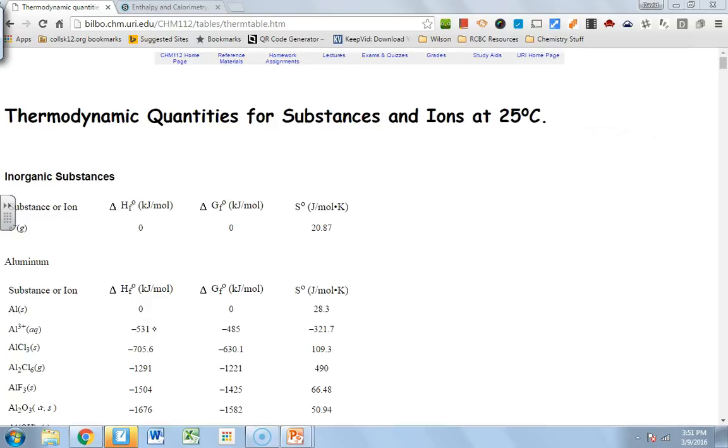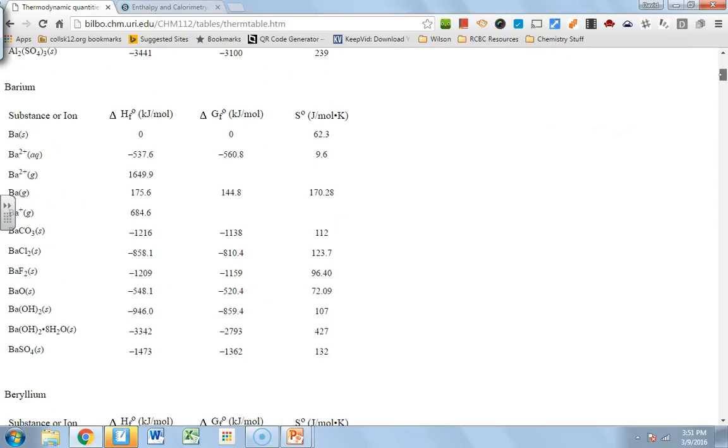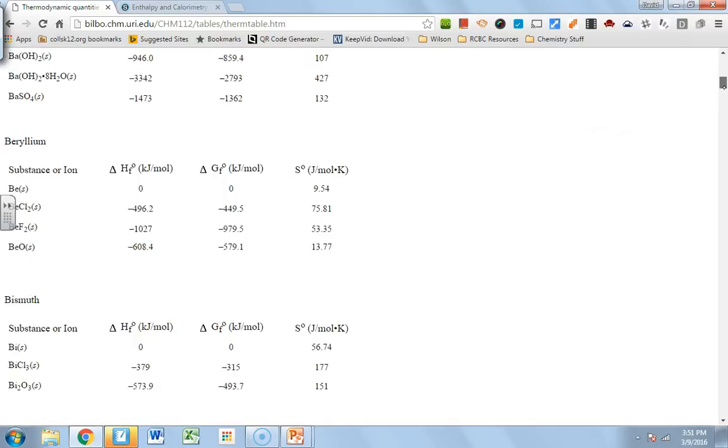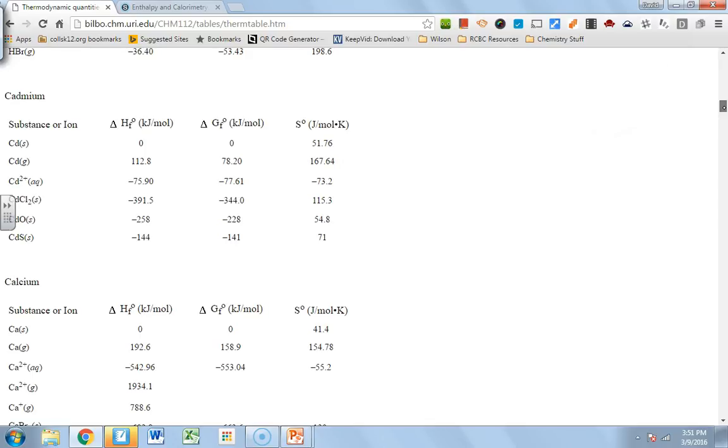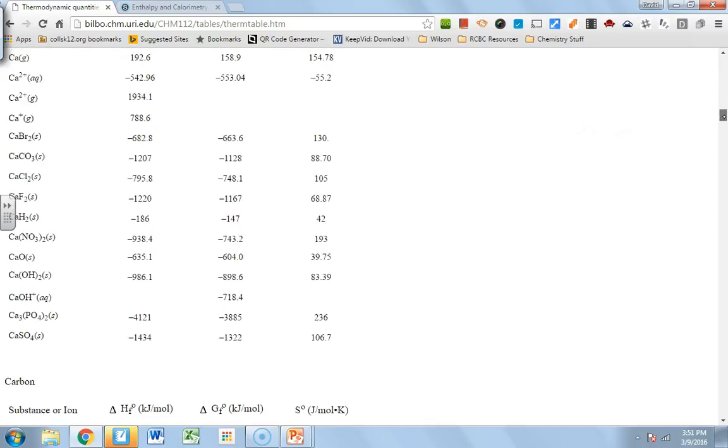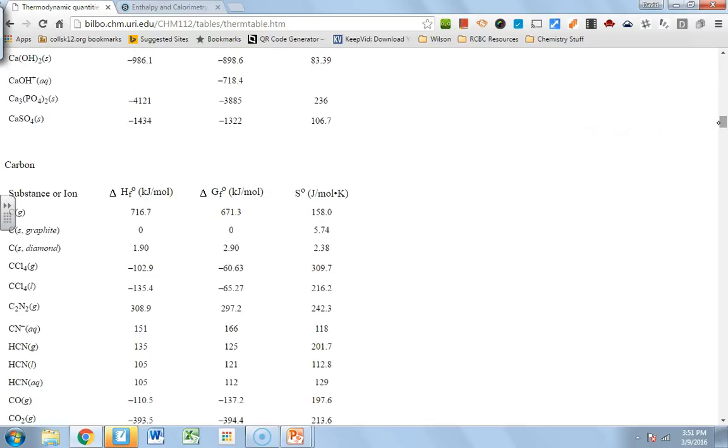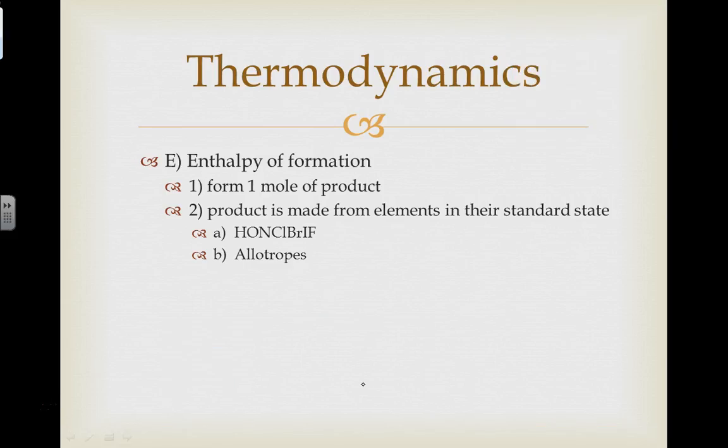We'll worry about delta G later. So we can go down through and find any element in its most common standard state, its delta H of formation is 0. There's cadmium, calcium, I think you get the idea. For carbon, its most common standard state is solid, but as graphite.